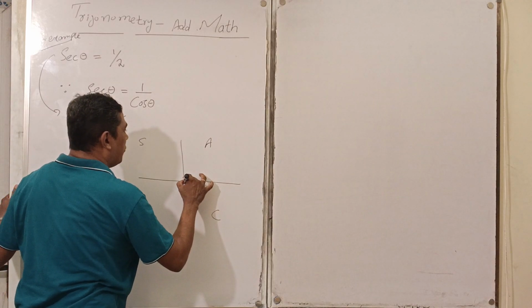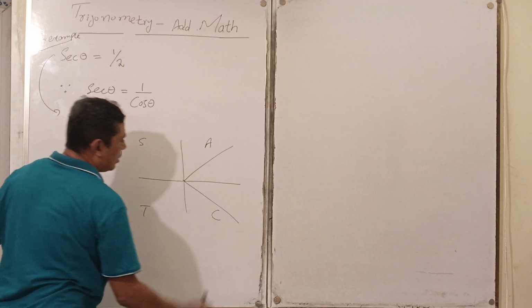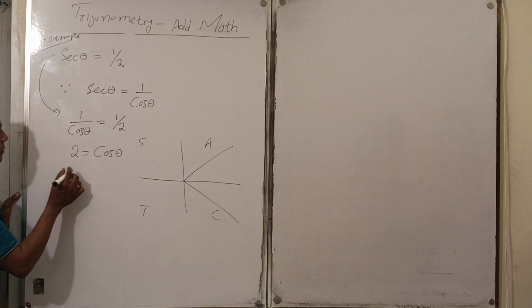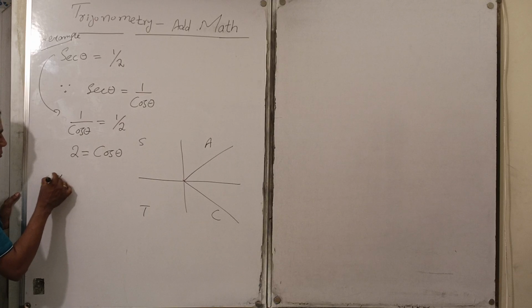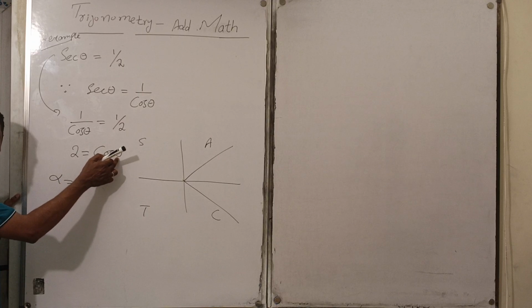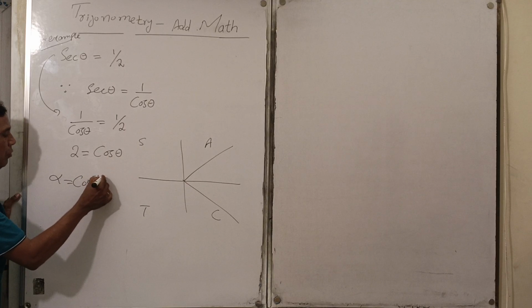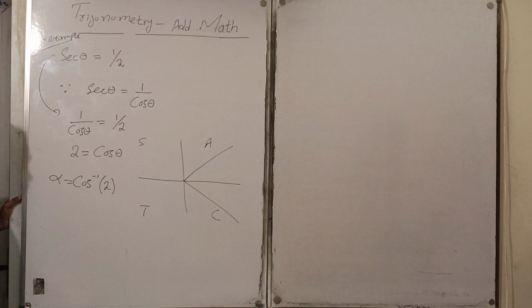It means you will have it here and in this quadrant. Am I right? So you will find out the alpha. Alpha is cos inverse of 2. Clear?